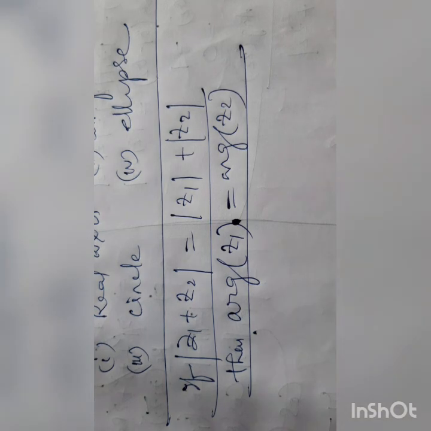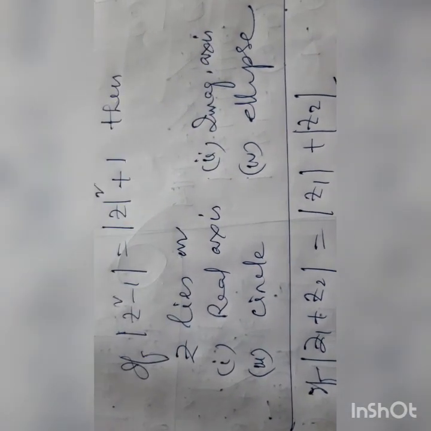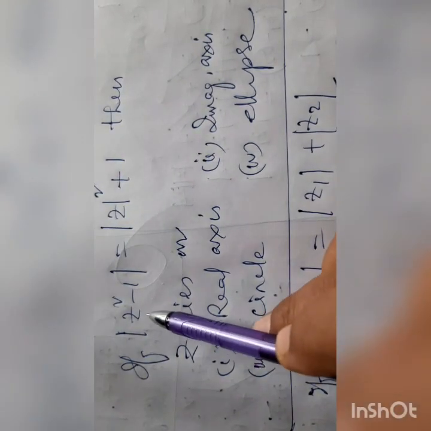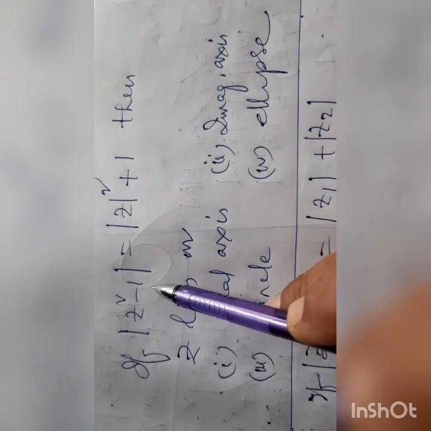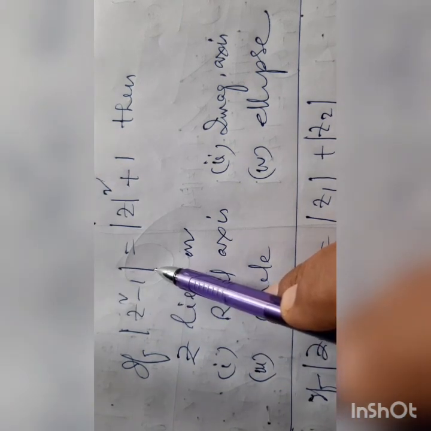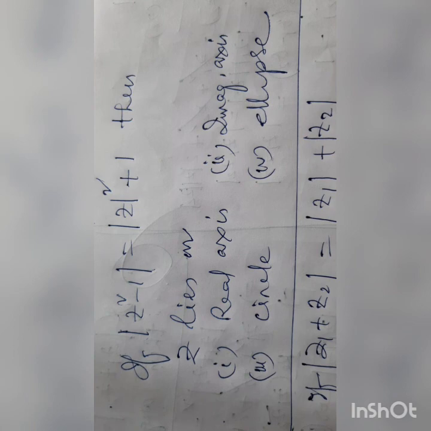Now the question is mod z square minus 1, like that. So I want to write this one as modulus z square plus of minus 1.